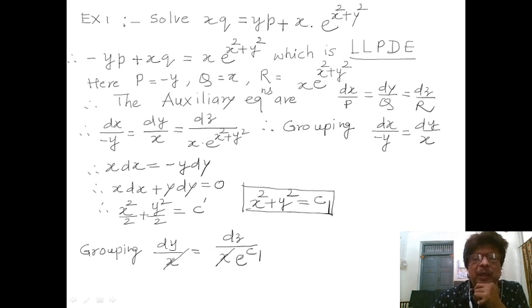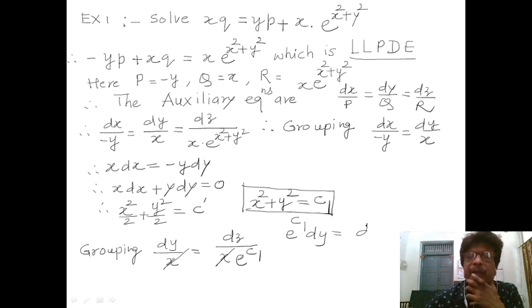In the second pair, x is absent. As x is absent, we shall solve this group of equations for its individual solution. How is it? e to the power c1 into dy equal to dz. On integrating this, e to the power c1 y minus z is equal to c2.